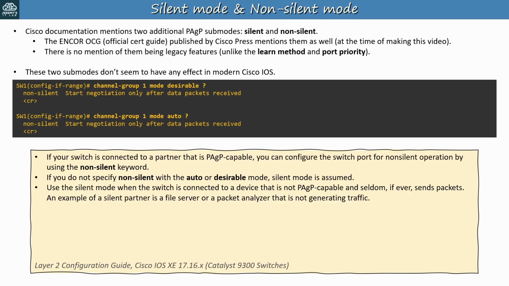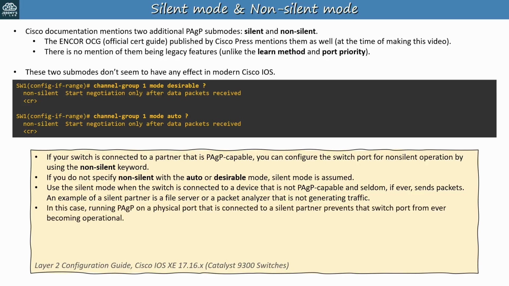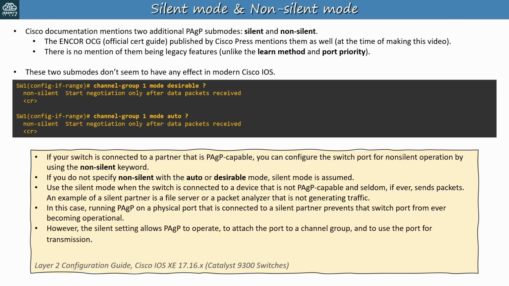An example of a silent partner is a file server or a packet analyzer that is not generating traffic. In this case, running PAgP on a physical port that is connected to a silent partner prevents that switch port from ever becoming operational. However, the silent setting allows PAgP to operate, to attach the port to a channel group, and to use the port for transmission. So that's what the documentation says, but it seems to be incorrect.